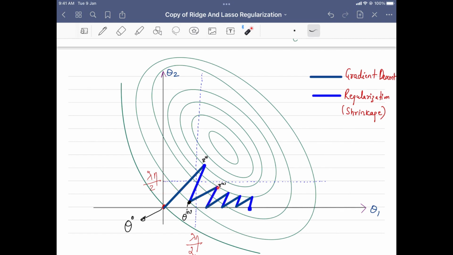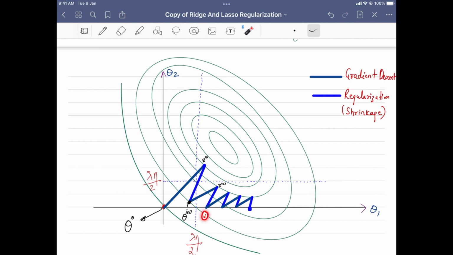So if you make it 0, it will immediately come at this point, whereas the second component is already greater than lambda eta by 2. So what happens is you are subtracting that value by lambda eta by 2. So that's why you will go back. You will not go like this or this, you will go back, because at this point the component is greater than lambda eta by 2, and it will be subtracted from that, so it will go back and it will lie on this axis theta 1.